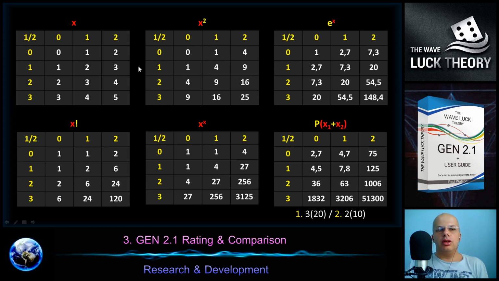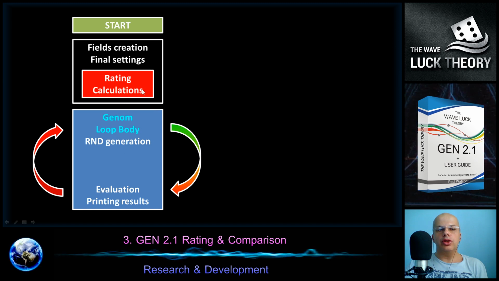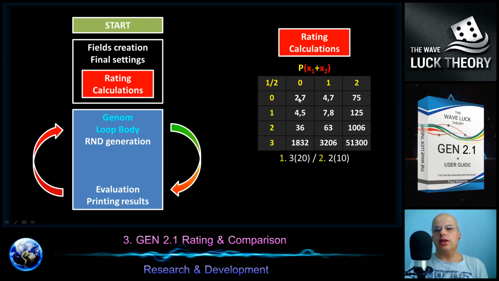And now let me show you how I fixed the problem to not slow the generation. So I simply moved the rating calculations into the field creation. So we select the method, in our case the probability, and the values are calculated in advance, because we already know the maximum amount of possible hits for the first draw and for the second draw.